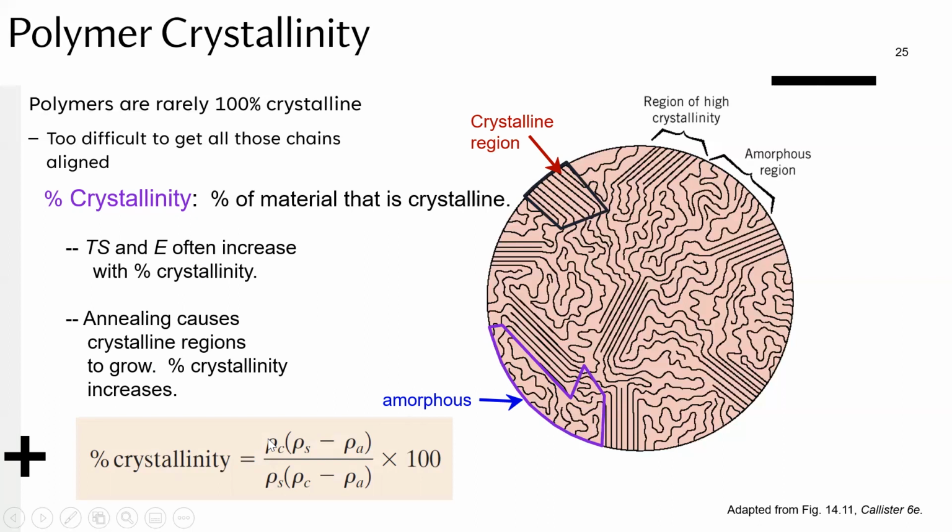So if you know the density if this was fully crystalline, and you also know the density if this was fully amorphous, and you're able to measure the density of the sample that you've been given, you can actually figure out what the percentage is. Now, why is this the case?